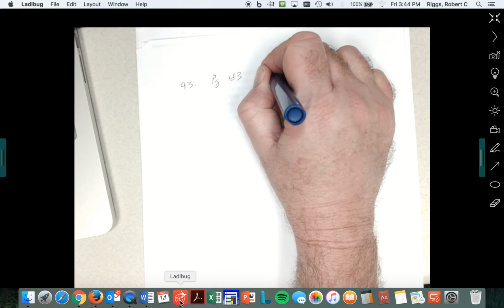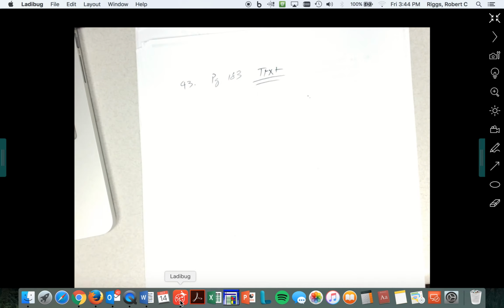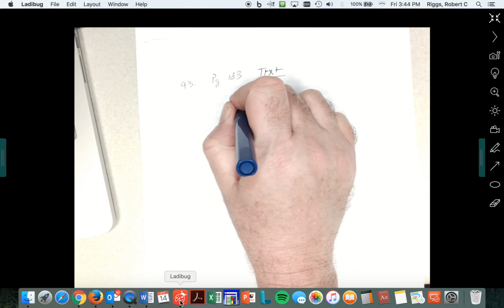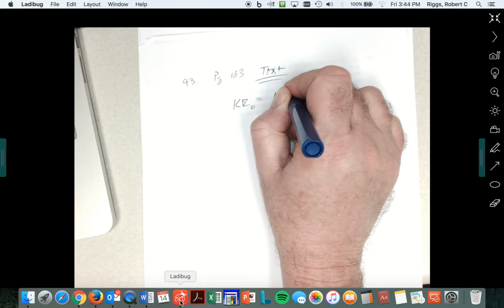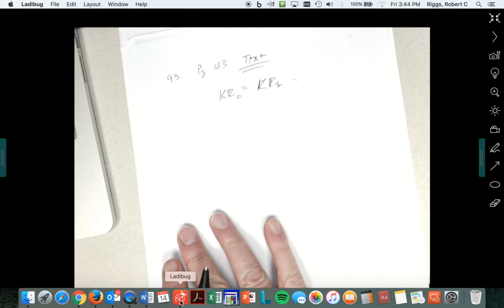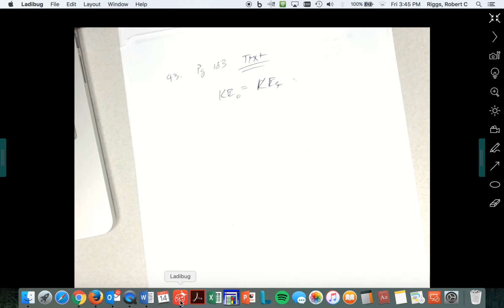It goes through, probably better than I can, how to do a problem with an elastic collision. Elastic collisions are a little bit trickier. In elastic collisions, the kinetic energy before is equal to the kinetic energy after, which is cool. But it also gives you some extra equations.